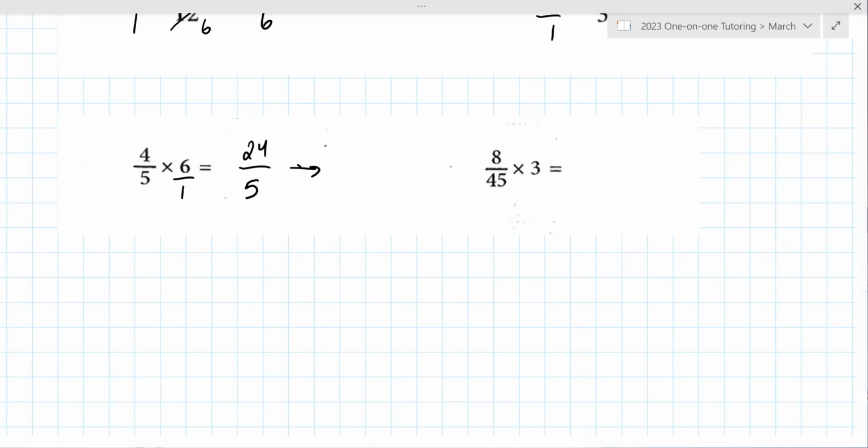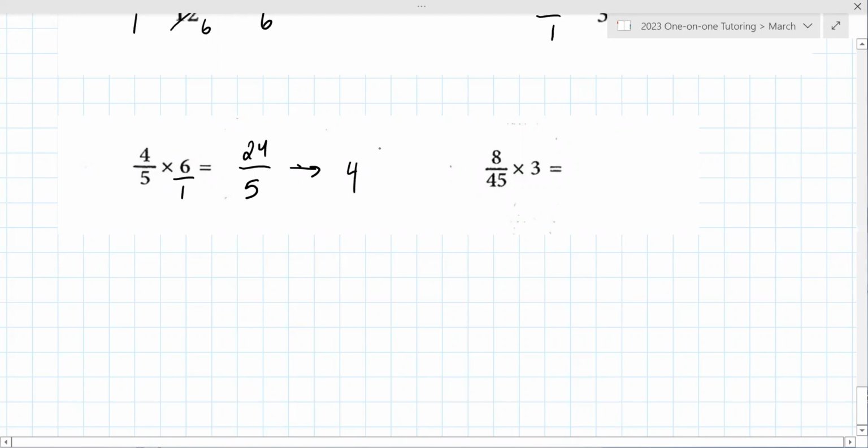No reducing, but you can definitely write this as a mixed number. What would that be? It would be 4 and 2. What's 4 times 5? 20. So that tells you how much is left over when you subtract. Okay, so 4/5. Yes.